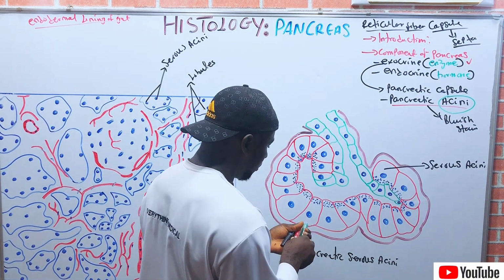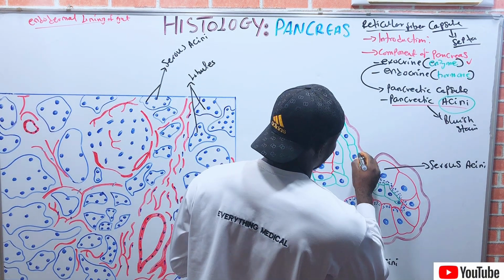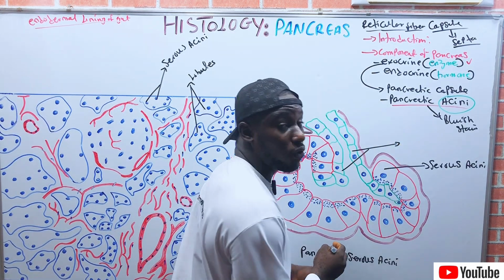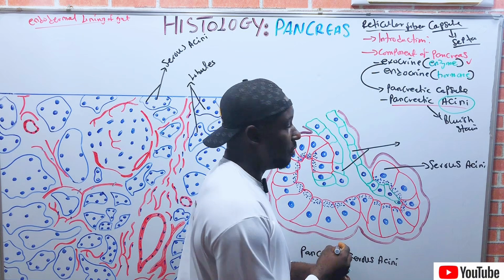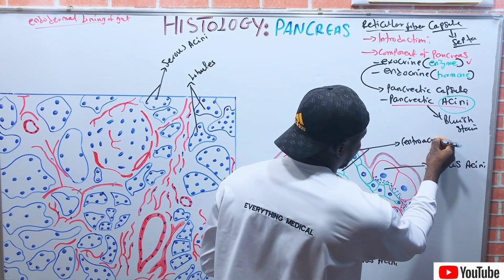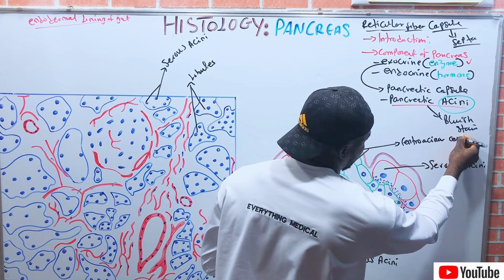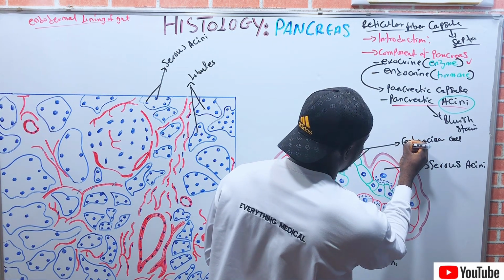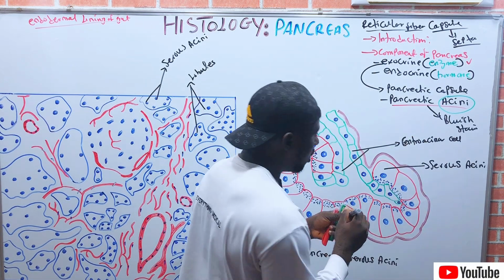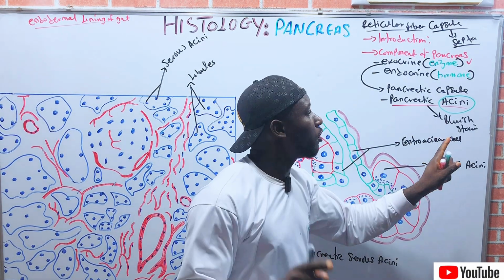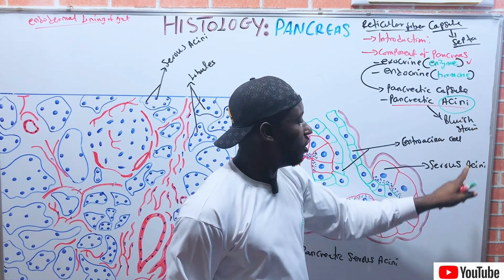Now watch. Here are the centroacinar cells of the pancreas, right? The lumen of this cell is quite different from the lumen of the pancreatic acini or the serous acini.